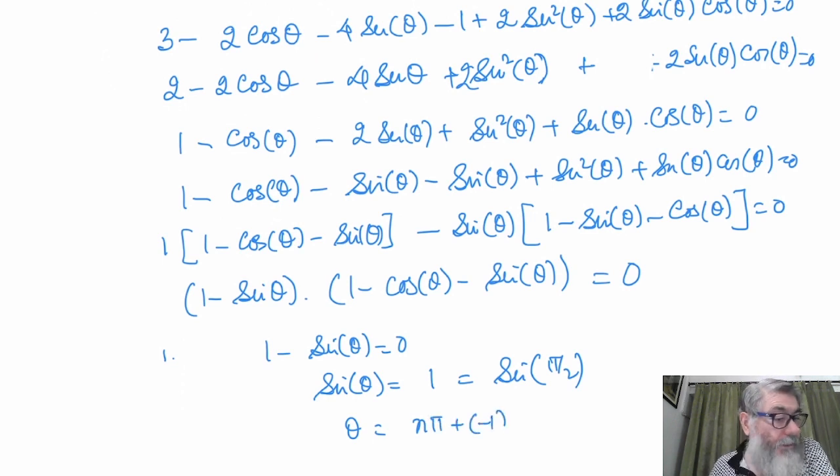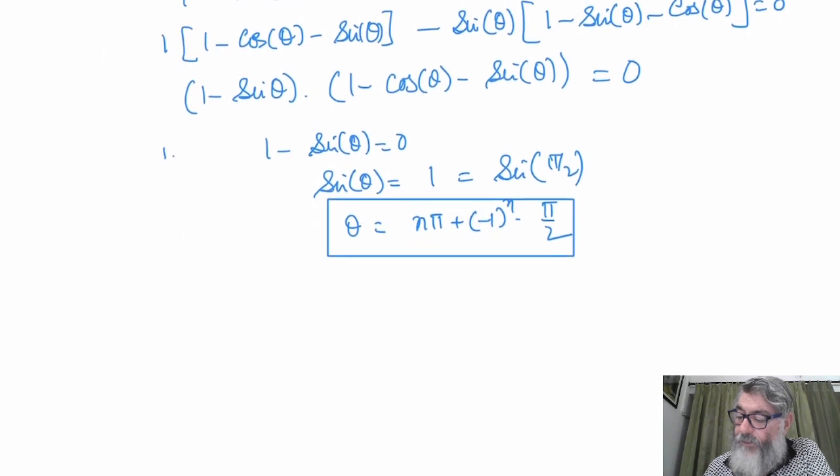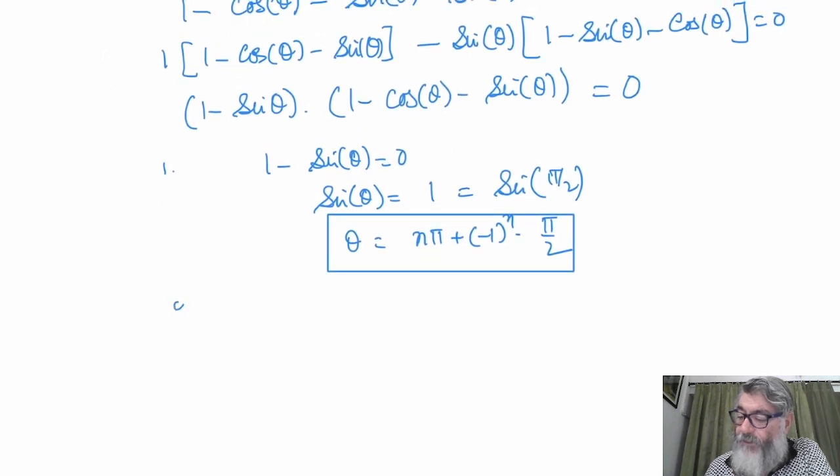But now let us see the second portion. That is 1 minus cos theta minus sine theta is equal to 0. I can write it as sine theta plus cos theta is equal to 1.